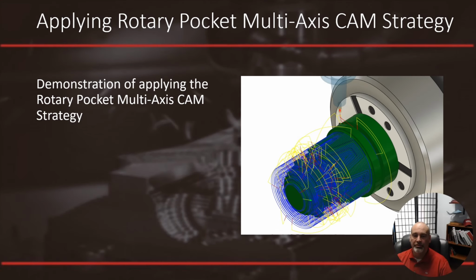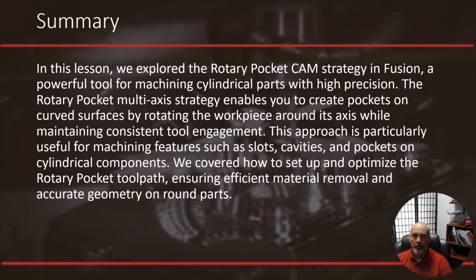Okay, I hope this demonstration of the Rotary Pocket multi-axis CAM strategy was helpful for you. In this lesson, we explore the Rotary Pocket CAM strategy in Fusion, a powerful tool for machining cylindrical parts with high precision.